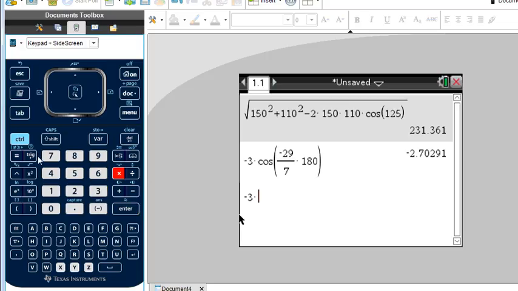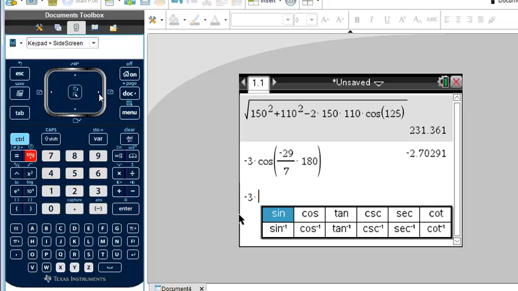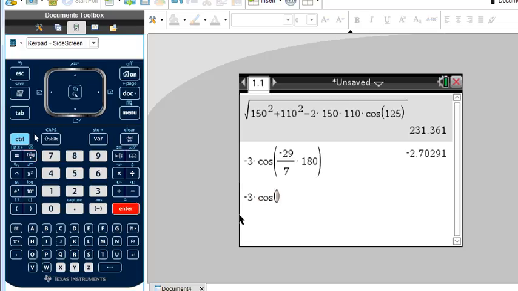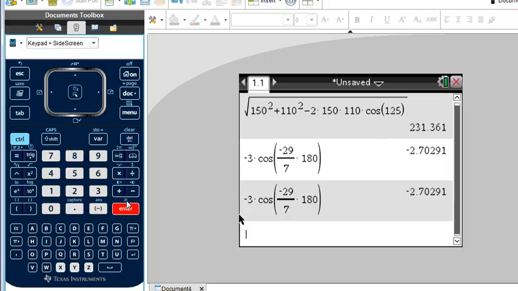times cosine of, okay, we have -29, oops, where's that negative sign? -29 over 7 times 180. And so we get the wrong one.